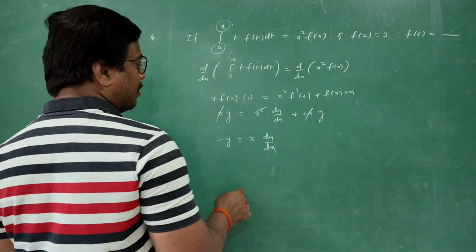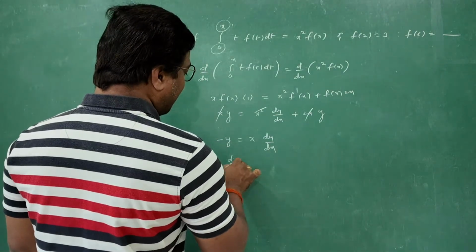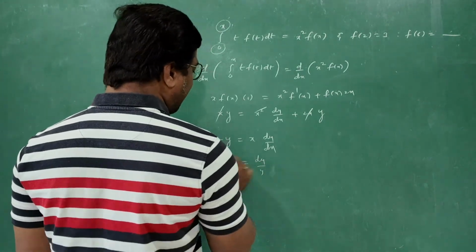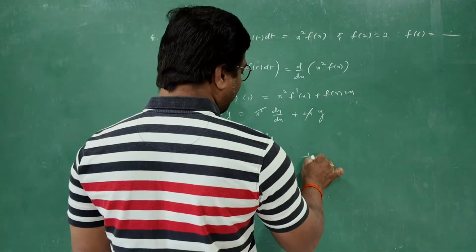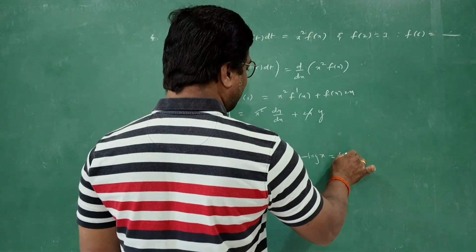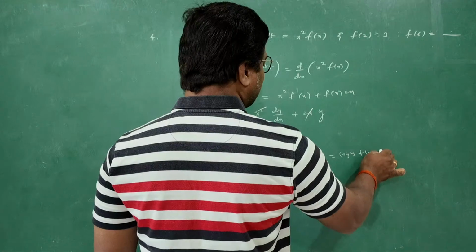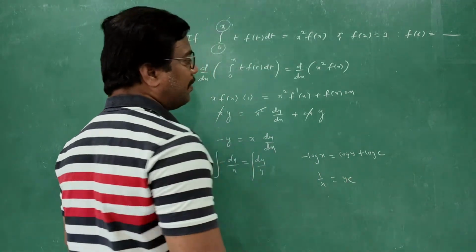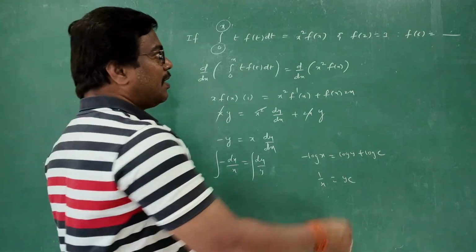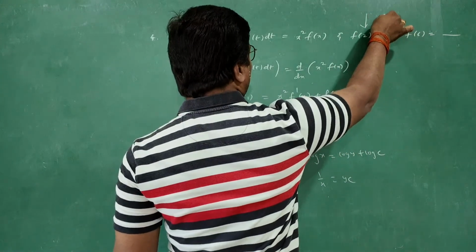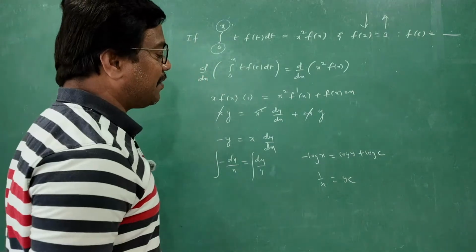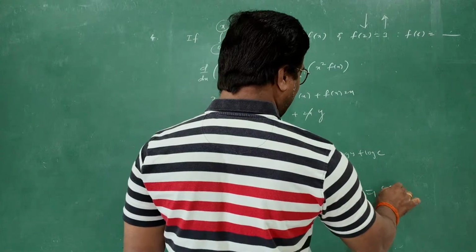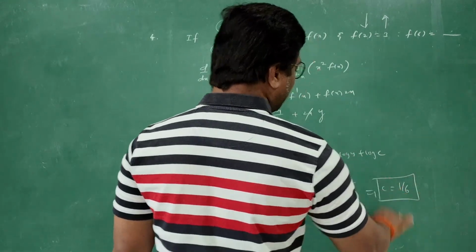Neglect x in each term: y minus 2y, that is minus y equals x dy by dx. Now dx by x equals negative dy by y. On integrating both sides, we get minus log x equals log y plus log c. So 1 by x equals yc. Given that if the input is 2, the output is 3, x equal to 2 implies y equal to 3, which gives c equal to 1 by 6.